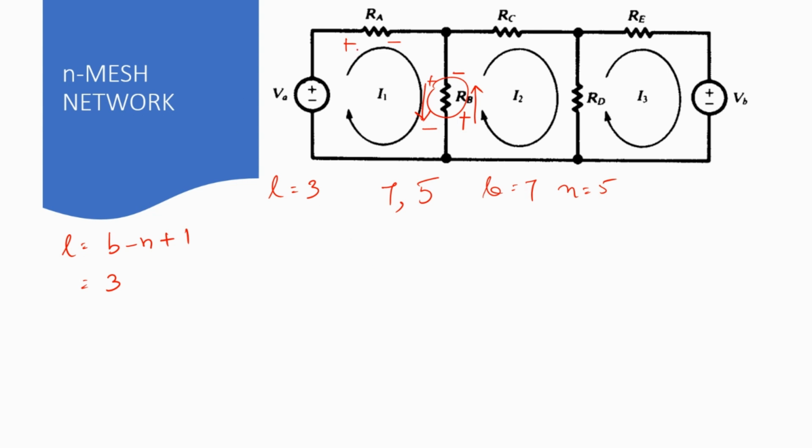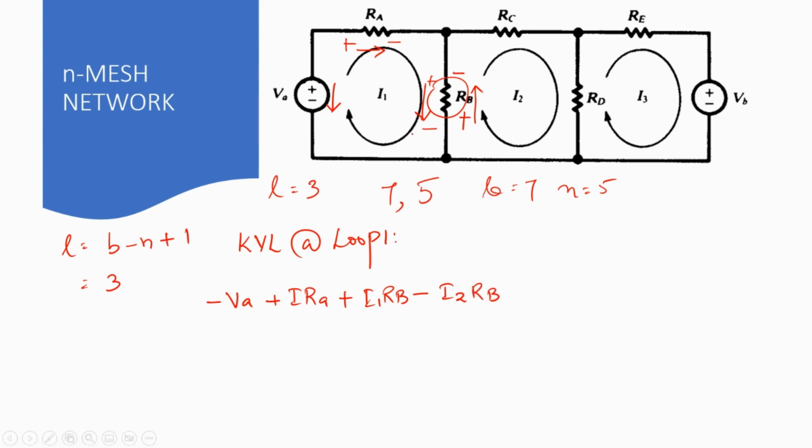And for RA, it is quite simple. The drop will be in this direction. The assumed direction here is the direction of the circulating current. The drop VA would be in this direction. So when we write the KVL at loop 1, I can write it as minus VA plus I1 RA plus I1 RB minus I2 RB, because we are looking at loop 1.